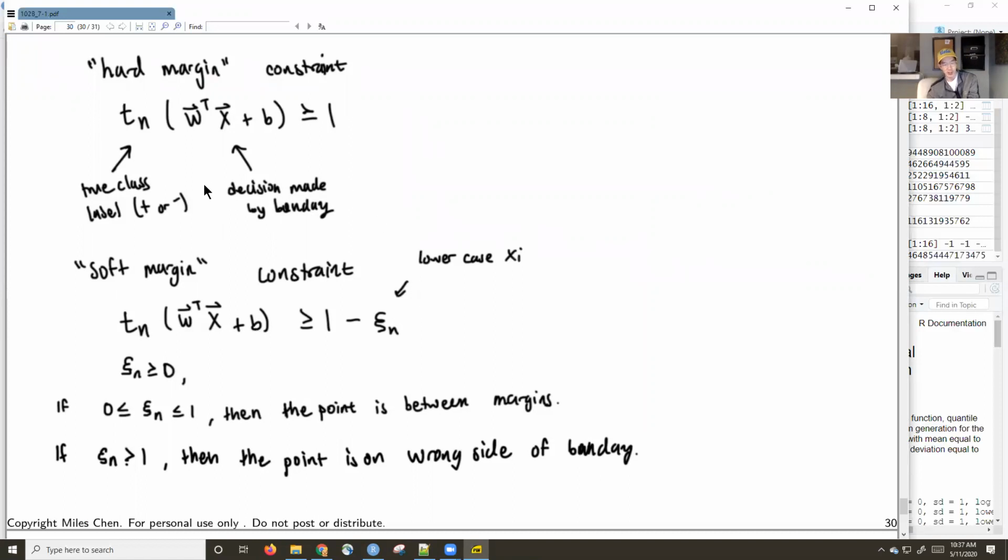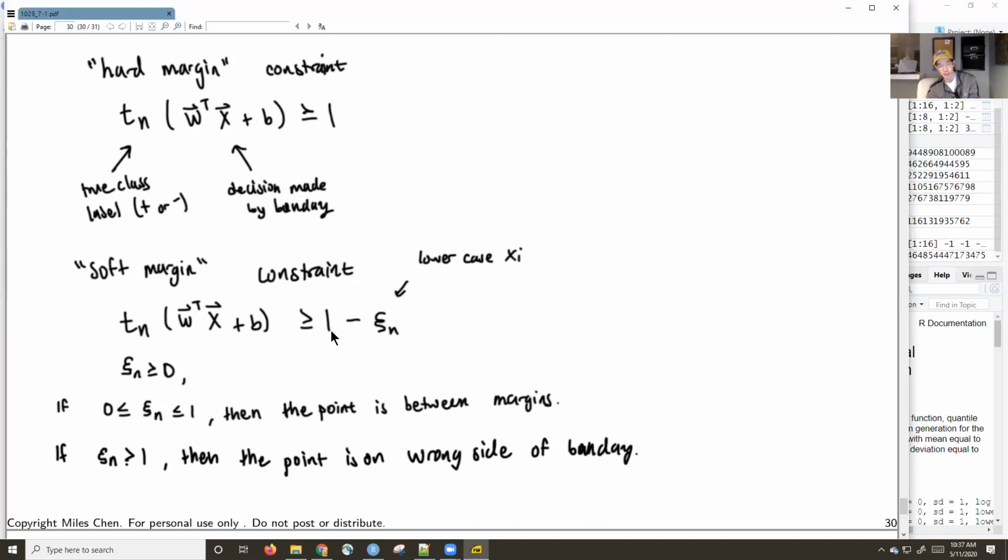Okay, so the hard margin constraint says that the true class label, whether it's plus or minus, multiplied by your decision boundary, has to be greater than 1. And the soft margin will say, you know what, we're not going to require that it has to be at least farther than 1.